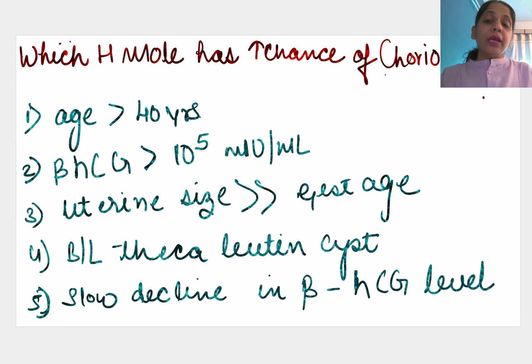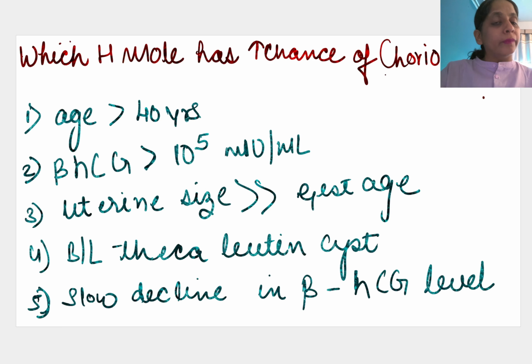This was asked and many of you did it wrong, so I have to emphasize on this slide again. Age more than 40 years, beta HCG more than 10 raised to power 5, uterine size more than the gestational age, bilateral theca lutein cyst, and slow decline in the beta HCG level.